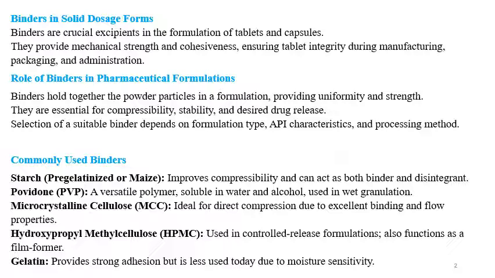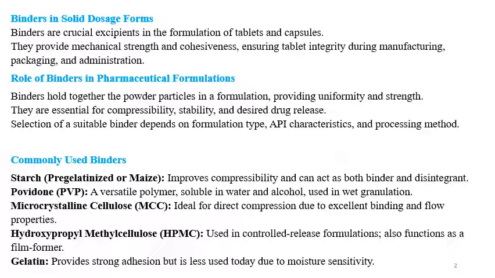Binder selection depends on the formulation type, formulation design, API properties, and the processing method. For example, in a direct compression process, you can use dry binders. In the wet granulation process, you can dissolve the binders in the solvent and use it. You can also dissolve and spray the binder solution onto the powder bed.